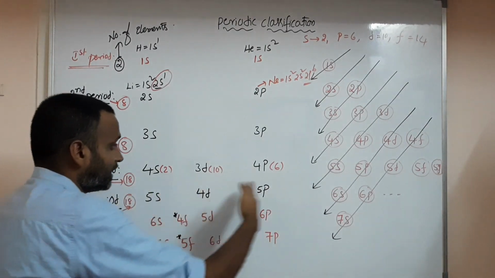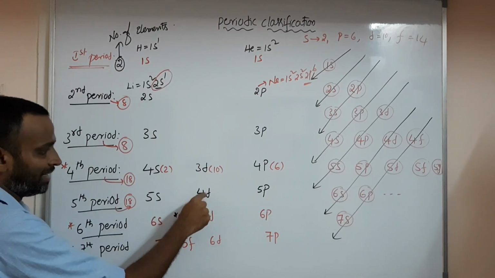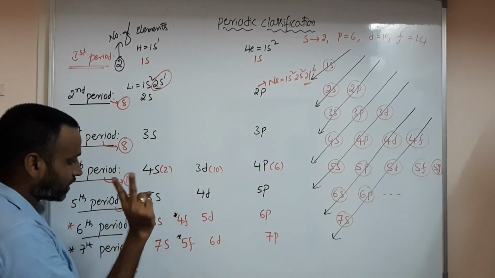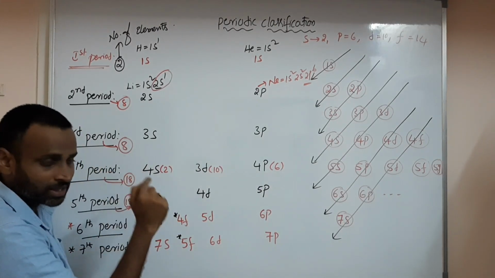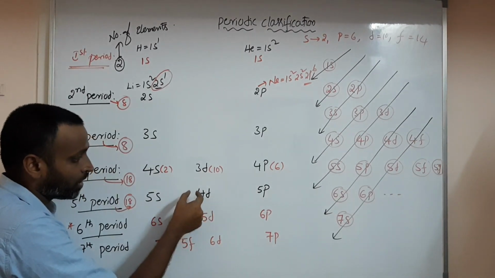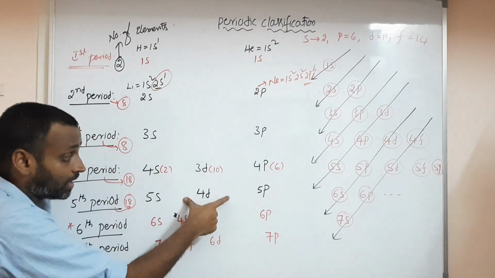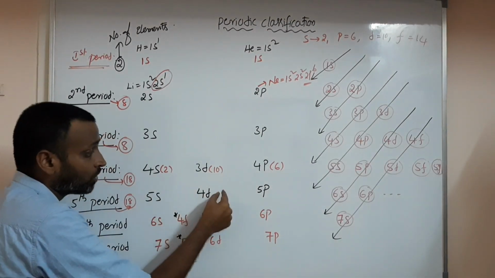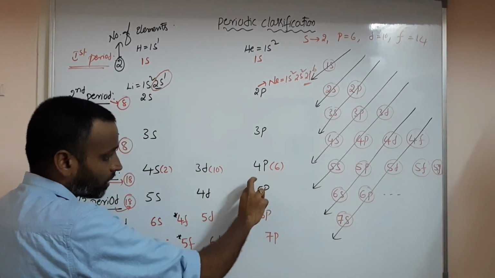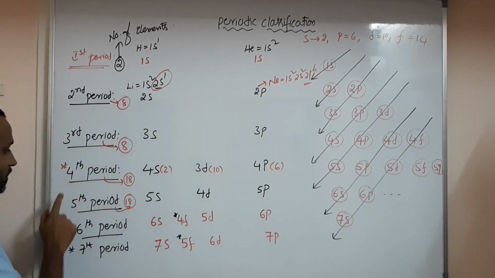So like that 18 elements will have the last electron in S and D and P. I repeat, in 5s there are 2 elements, they have the last electron in 5s1 and 5s2. Here 10 elements have the last electron from 4d1 to 4d10. Here 6 elements are there from 5p1 to 5p6. That's why there can be 18 elements in the 4th and 5th periods.